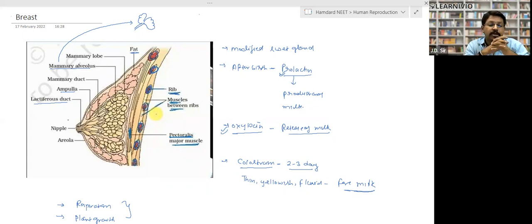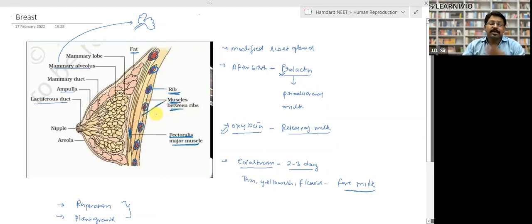So that's how the release of milk takes place. The mammary glands are considered a modification of sweat glands, right? After the birth, prolactin is secreted and helps in production of milk. Then oxytocin is released and helps in release of milk.